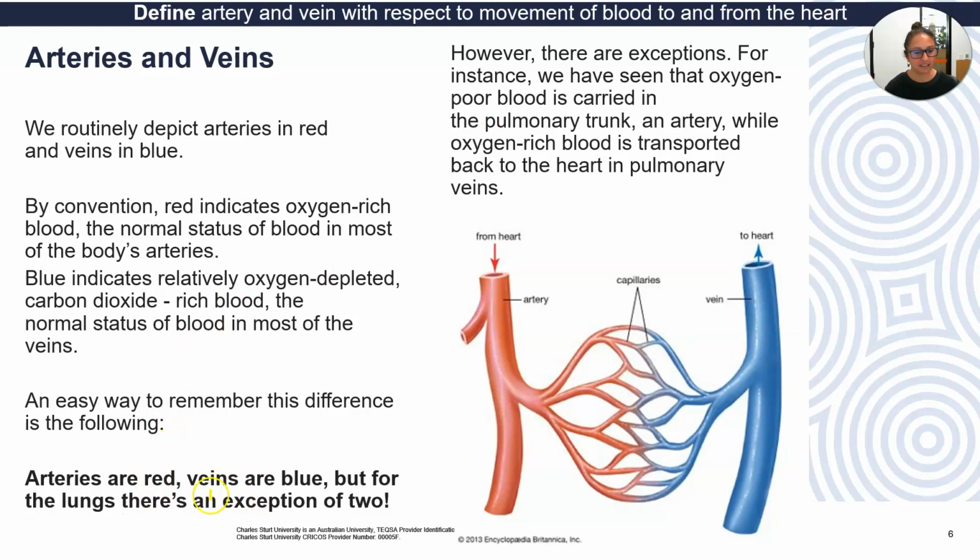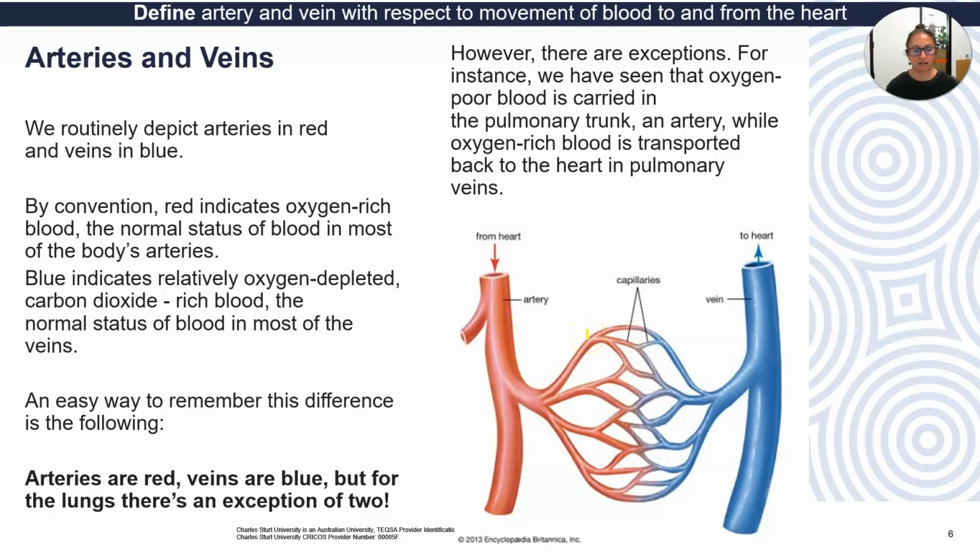So if you look at this, arteries are red, veins are blue, but for the lungs, there's an exception of 2. Okay, so just be mindful of that, and later on you will see exactly which veins and arteries we're talking about when we're talking about these 2 exceptions when we look at the circuits.